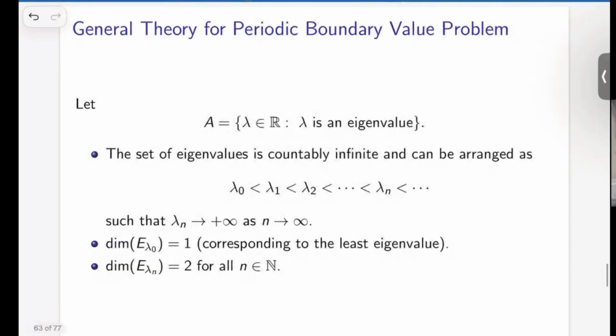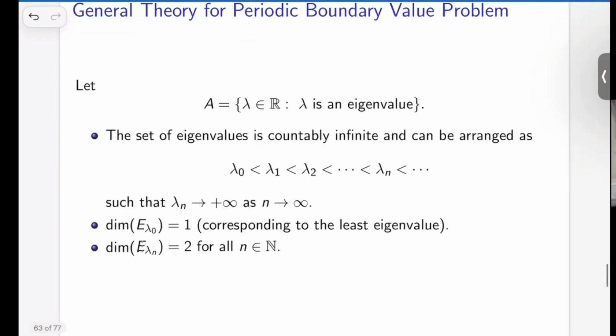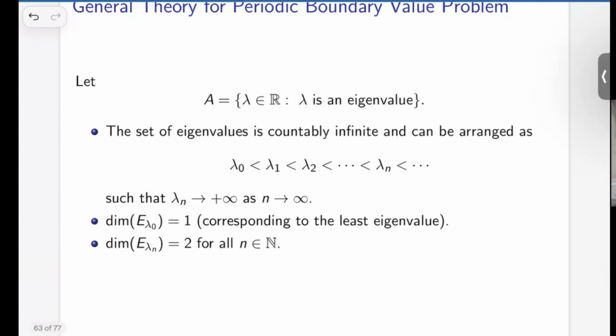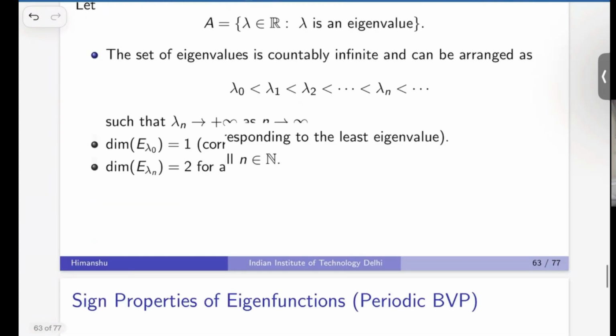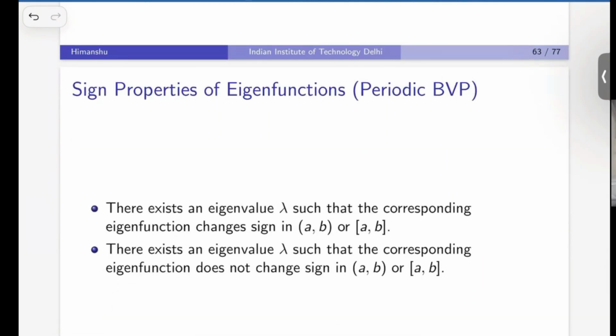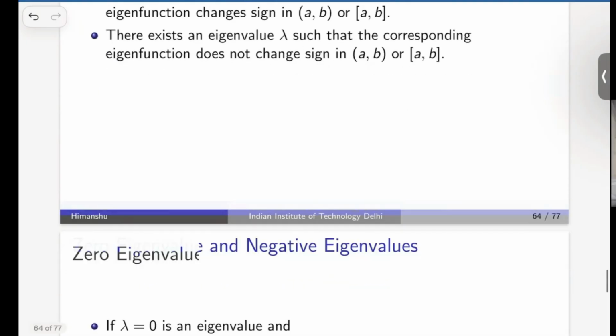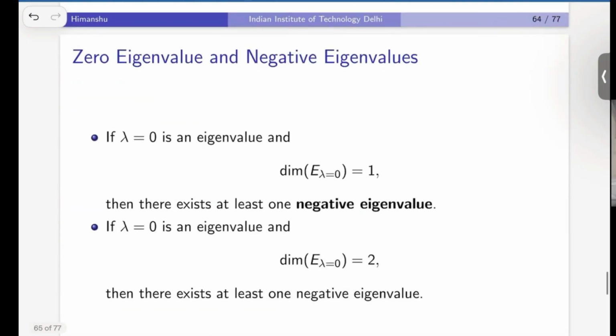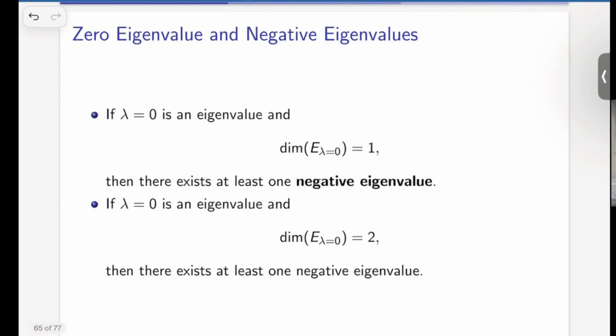The dimension of the eigenspace corresponding to the least eigenvalue is 1, and for eigenvalues other than the least, the eigenspace contains at least 2 eigenfunctions. Again, the same thing we can say about the eigenfunctions. If lambda equals 0 is an eigenvalue and the dimension of E lambda equals 1, then this will be the least eigenvalue, right?